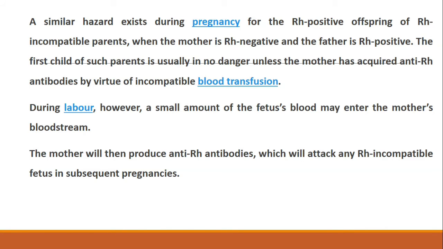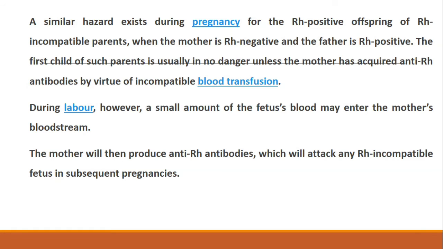So what happens during the labor process when the baby is about to be born? Some of the Rh positive blood from the baby is transferred from the umbilical cord to the placenta and ultimately to the maternal circulation.